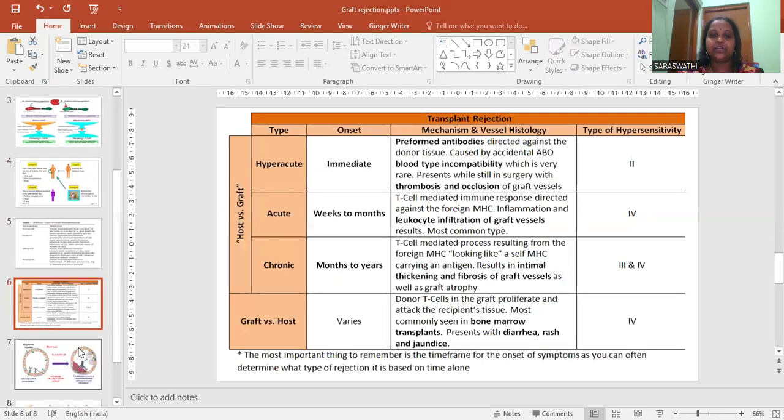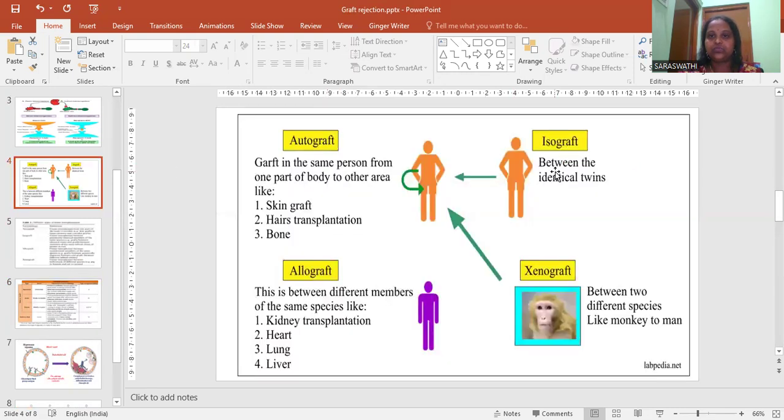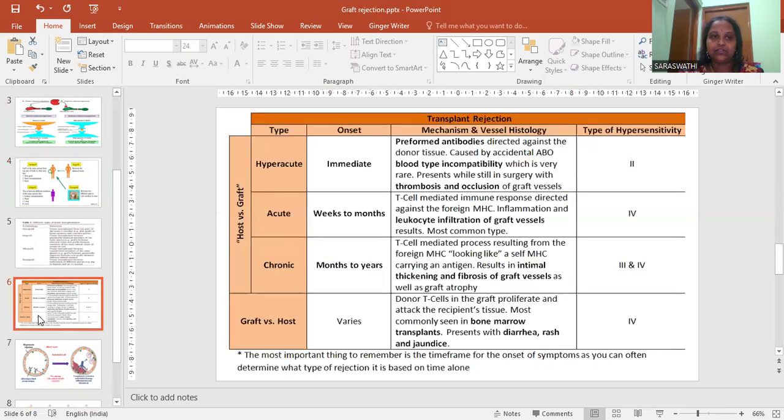Once we receive organs from the donor, both auto and iso grafts will not be rejected much because they are easily accepted. But in the case of allografts as well as xenografts, there is severe graft rejection because of the mismatch of HLA type, or an entirely different kind of genome.